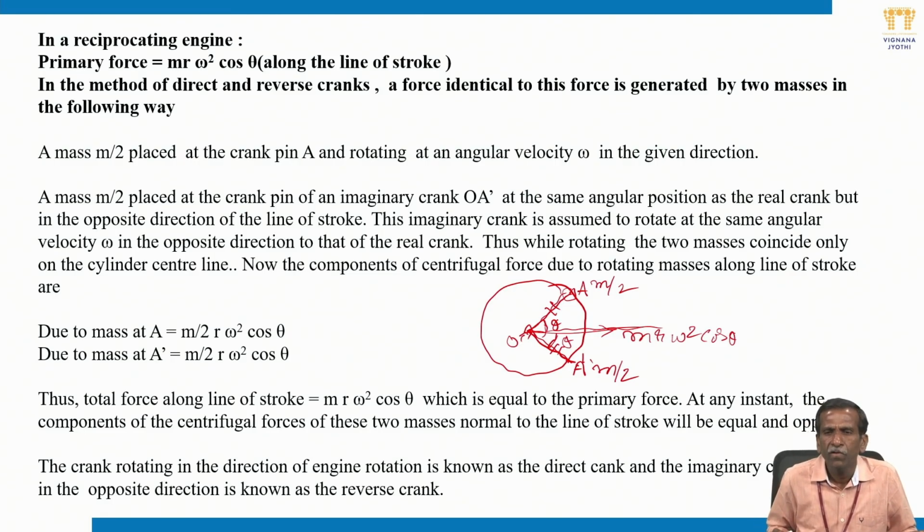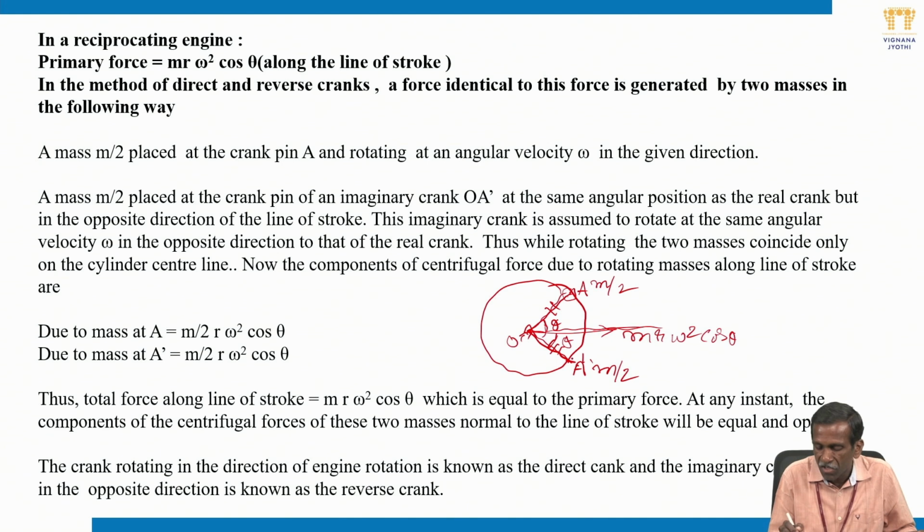So along the line of stroke we have two components from the masses we have attached: m by 2 r omega square cos theta, and again m by 2 r omega square cos theta.